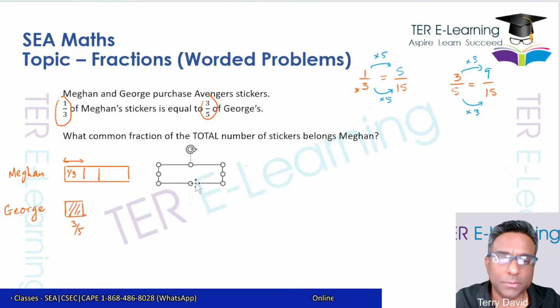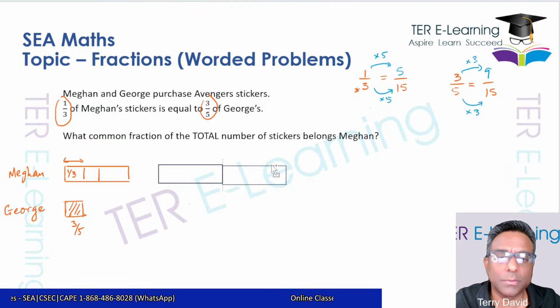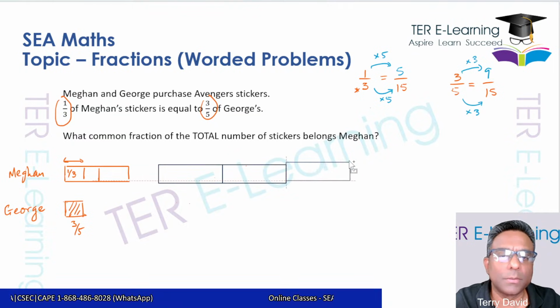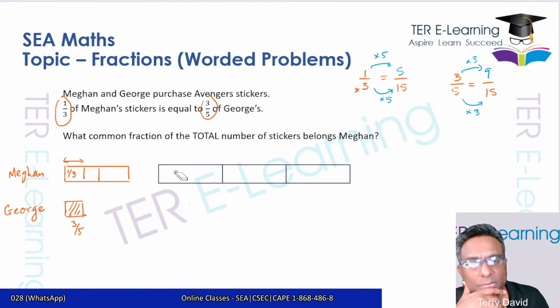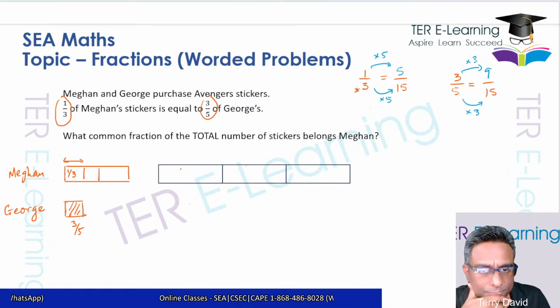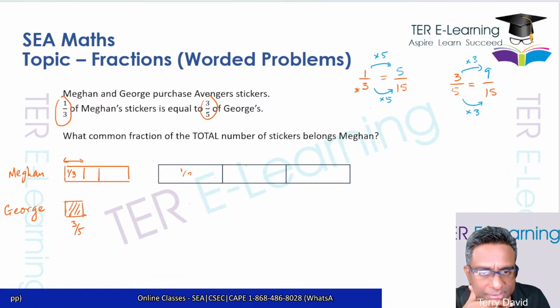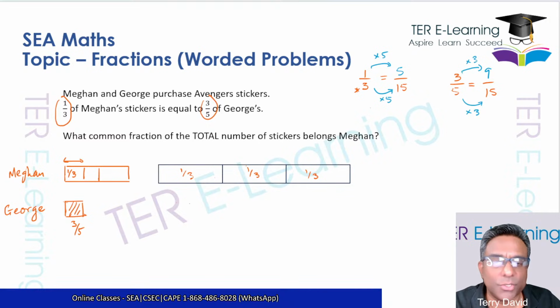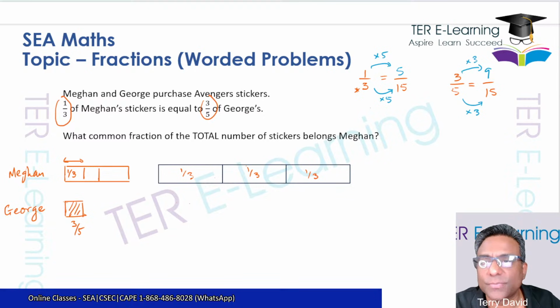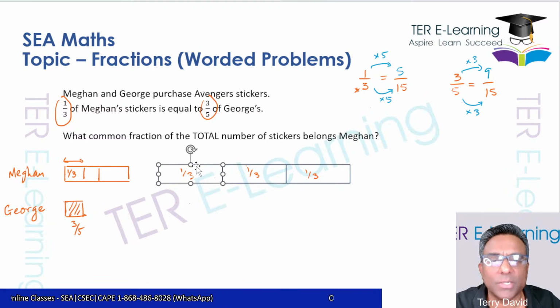All right, so let's use this for Megan. I want to try to draw approximate diagrams here so you can see. All right, so that is Megan. Now George here, they're saying that 1/3 of Megan's stickers is equal to 3/5 of George's. Let's get our next box here.